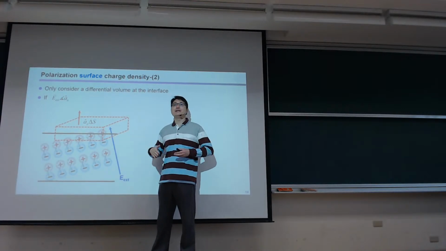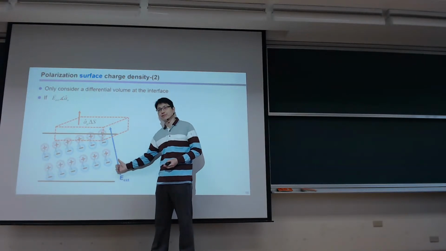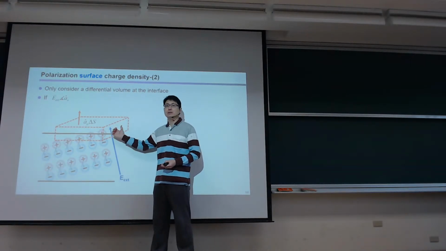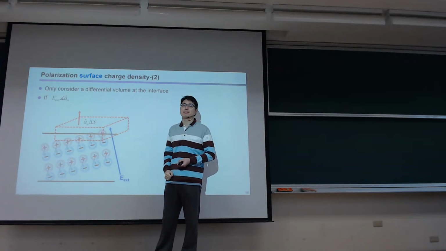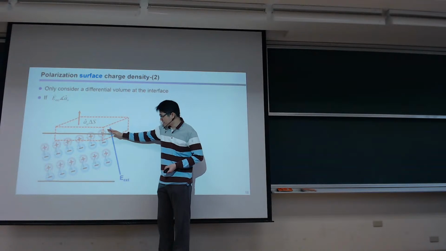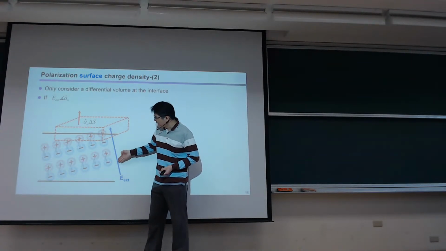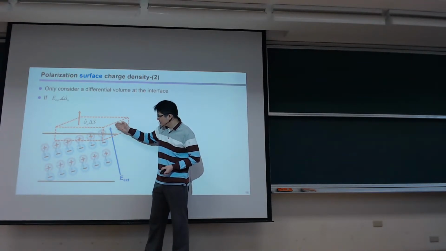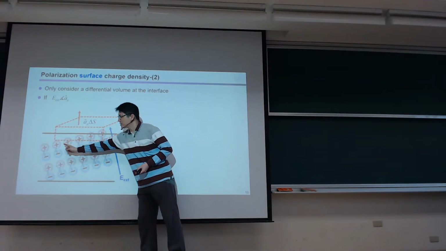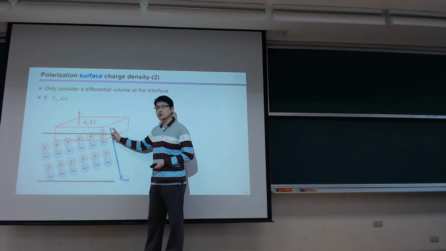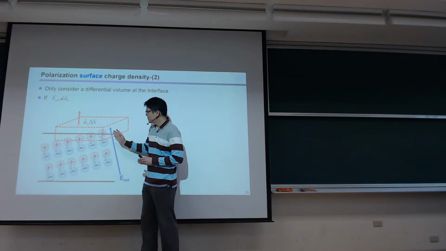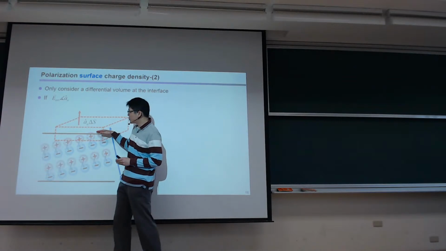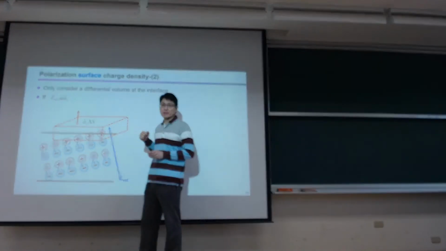I don't really need to apply my external field parallel or orthogonal to my geometry. So in this case, I apply my field so the induced dipoles are all aligned to my applied field.